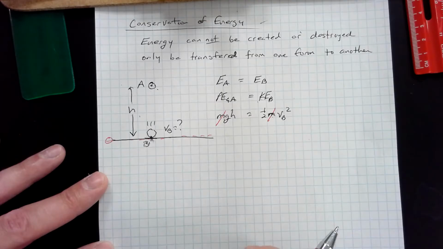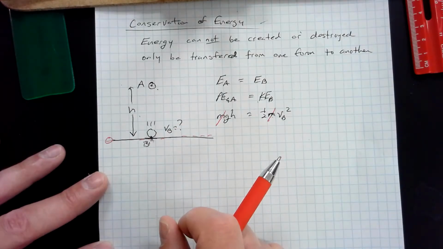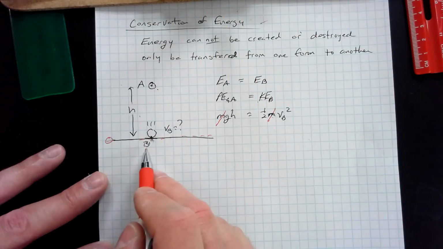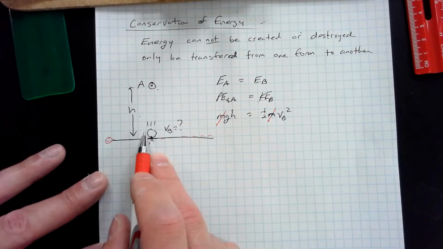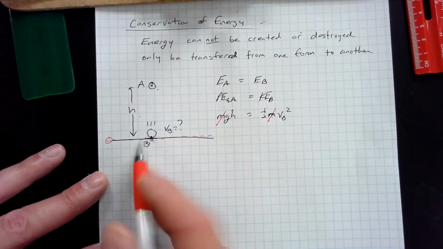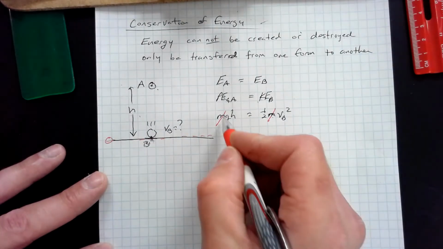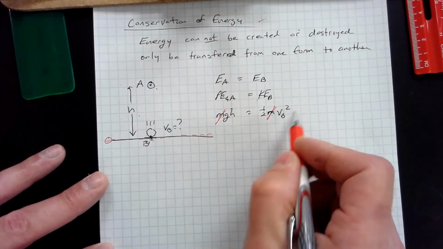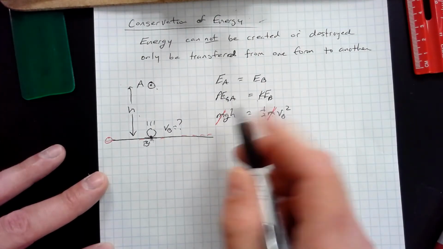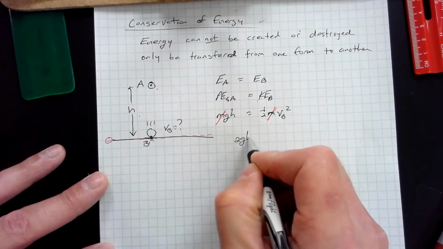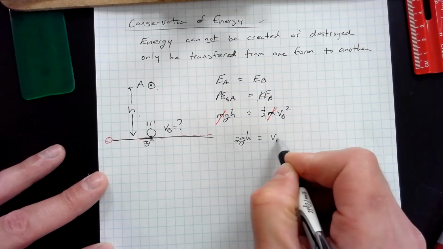Mass doesn't matter. We dropped different masses before and saw that they hit the ground at the same time, which means they changed their rate of speed the same, so they ended up at the same speed at the end, no matter what their mass was. Mass doesn't matter. Now solve it for VB. Just get that 1/2 over to here, so you have 2gh equals VB squared.